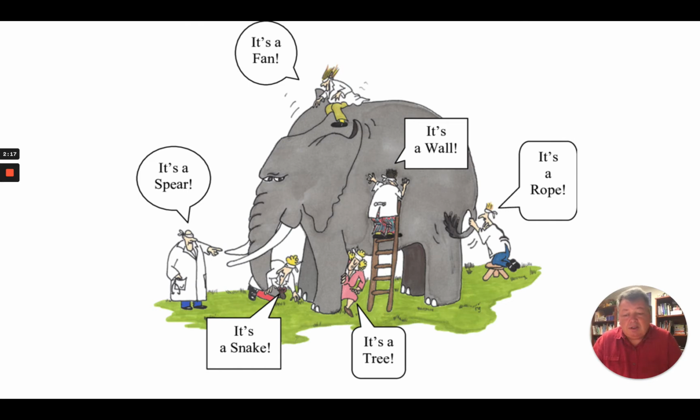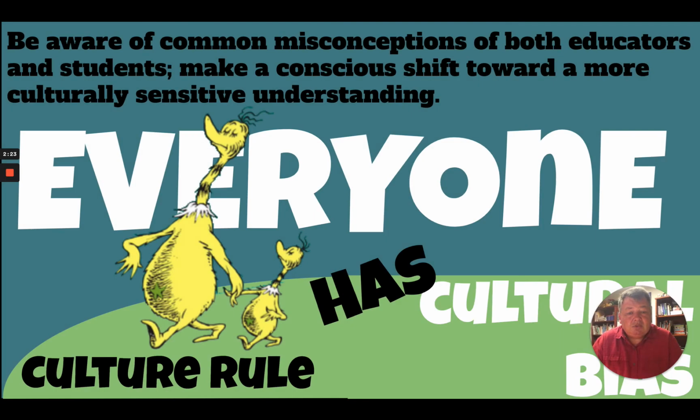It's part of almost our DNA, and it's okay to have that, but a cultural rule that might help you out is the realization that you have cultural bias. Be aware of your common misconceptions and your common shift to be preferential to your own culture and the way you grew up. If you understand that, you're ready to take step number 2.